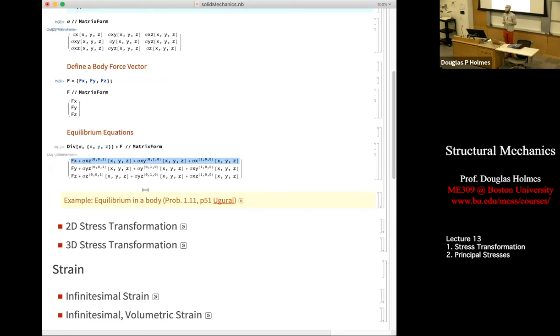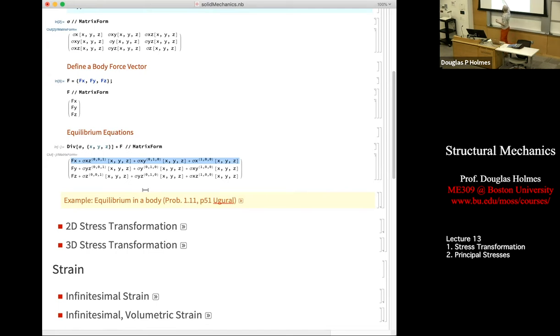What that is saying is take a partial derivative of that component with respect to x to the 0, y to the 0, and z to the 1.